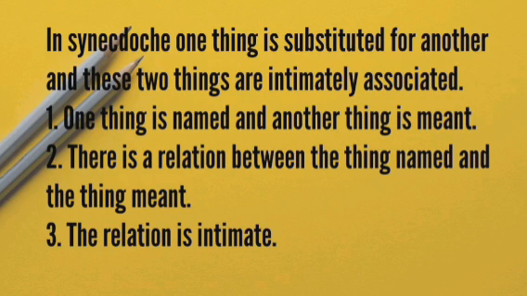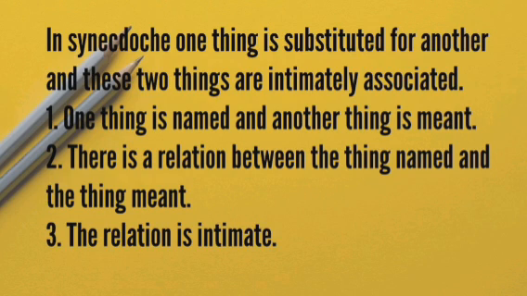The second essential feature is there is a relation between the thing that is named and the thing that is meant. This is also similar to metonymy, that is there will be a relation. Obviously if there is no relation, why would one thing substitute for another?